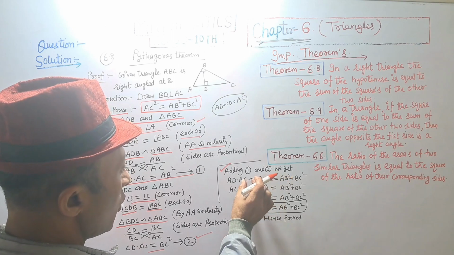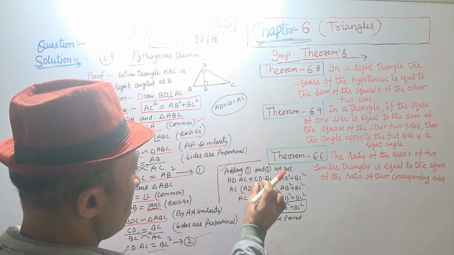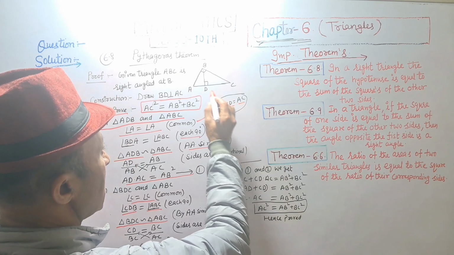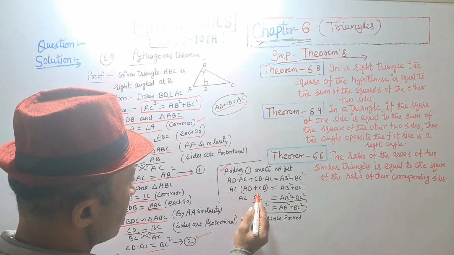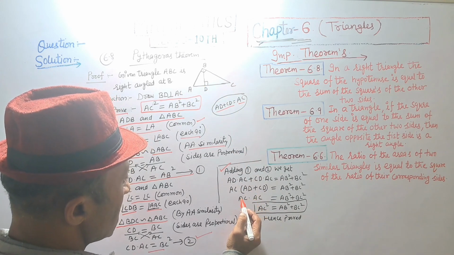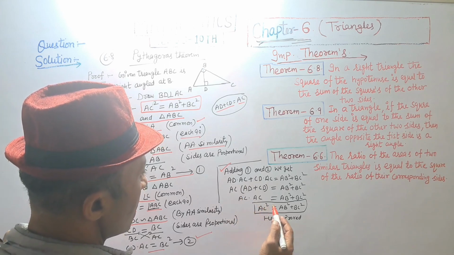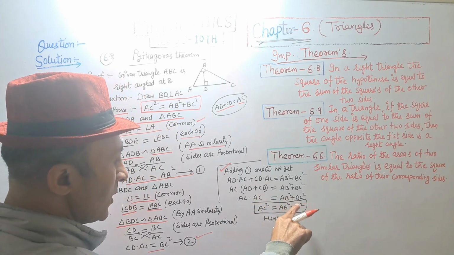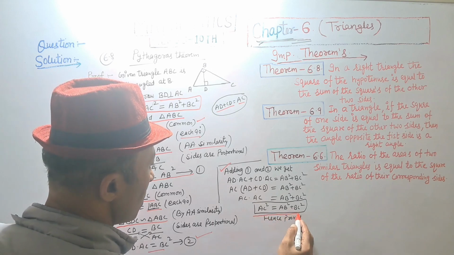Taking AC common on the left side, in bracket AD plus CD, and AD plus CD total is equal to AC. So AC into AC, that is AC square, is equal to AB square plus BC square. Hence Pythagoras theorem proved.